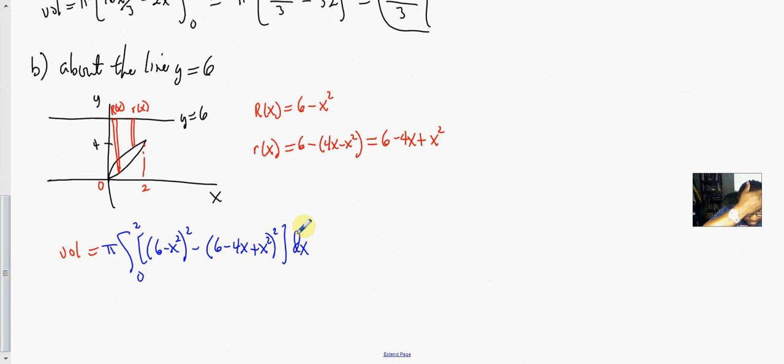Well, so that's just a little work there on this one. Before this out, this is 36 minus 12x squared plus x to the 4th, and then minus, it takes some work to FOIL that out.